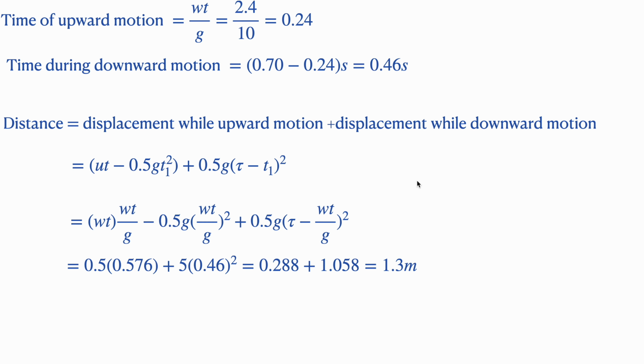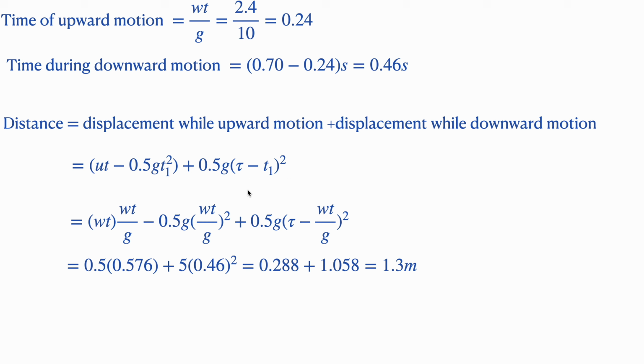The distance travelled by the bolt will be equal to the sum of displacement in the upward direction and displacement travelled in downward direction. Displacement travelled in upward direction is u t1 minus 0.5 g t1 square and displacement travelled in downward direction is 0.5 g times tau minus t1 whole square.